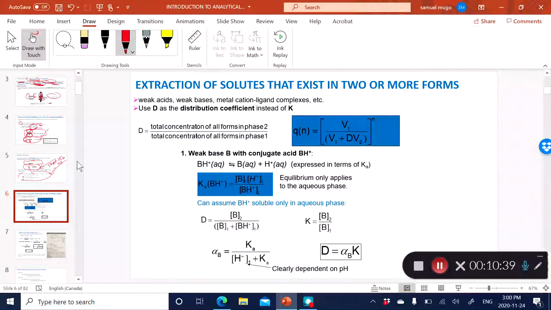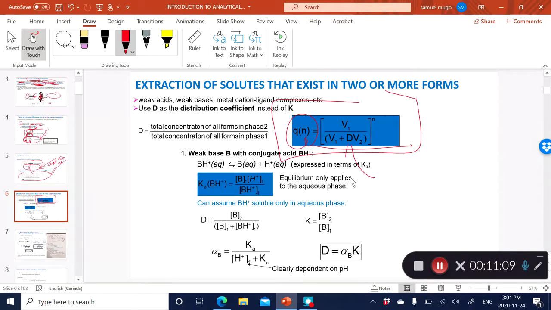If you take a weak acid or a weak base, or even a complexometric reagent, and dissolve them in water, we all know that, for example, weak bases tend to hydrolyze in water. So actually the form of that compound keeps changing in the aqueous environment. And as such, when that is happening, the extraction efficiency should be calculated as follows.